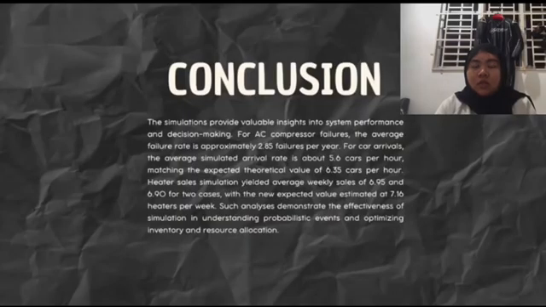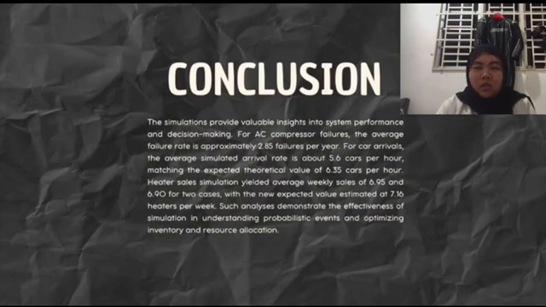For the conclusion, the simulations provide valuable insights into system performance and decision making. For AC compressor failures, the average failure rate is approximately 2.85 failures per year. For car arrivals, the average simulated arrival rate is about 5.6 cars per hour, matching the expected theoretical value of 6.35 cars per hour.